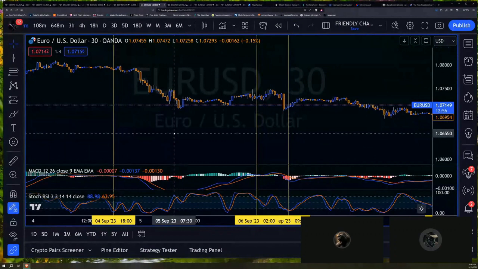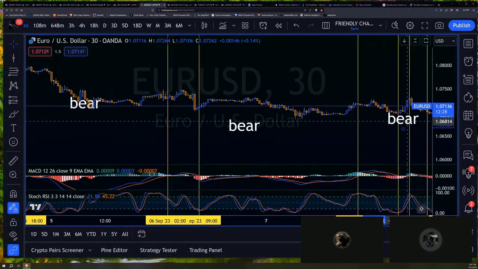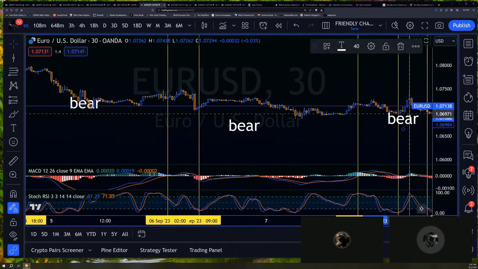Here you can see where, after this line, the signal line goes below. Let's label it up here. We'll say bearish. That means price is probably going down. The same is going to be over here. And there's a blip right here. It's going to be bearish right there, but you don't know it until it happens.